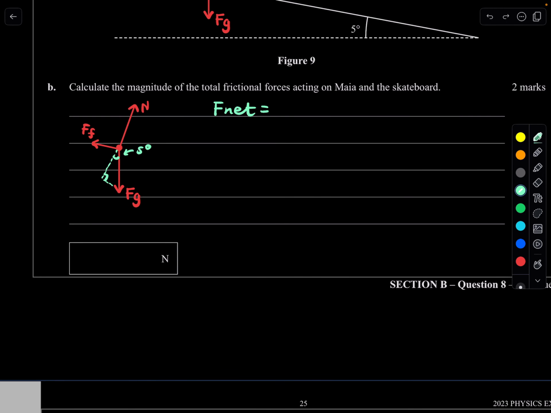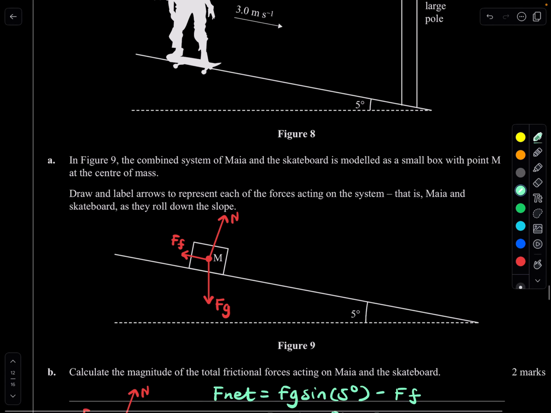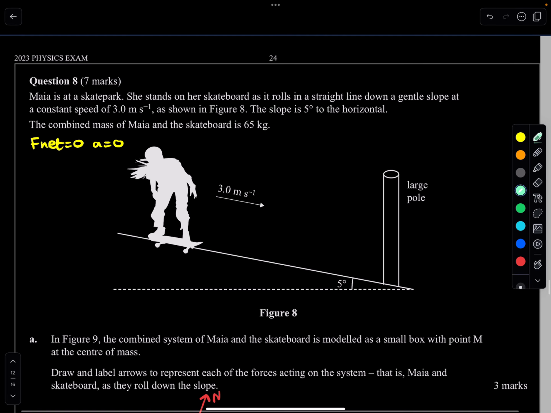So it's going to be the force of gravity sine 5 degrees minus your force of friction. And we know F net's 0, like we said. So Fg sine 5 degrees minus your force of friction equals 0, so your force of friction is basically Fg sine 5 degrees. What's Fg? It's the mass times g.